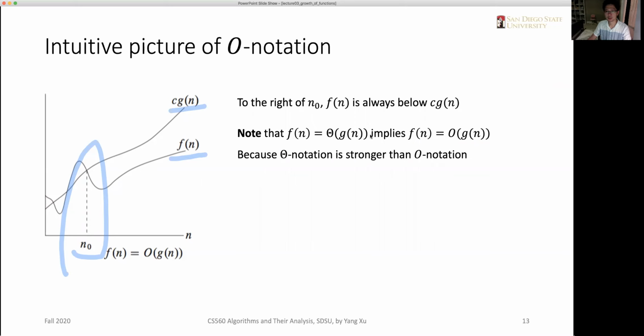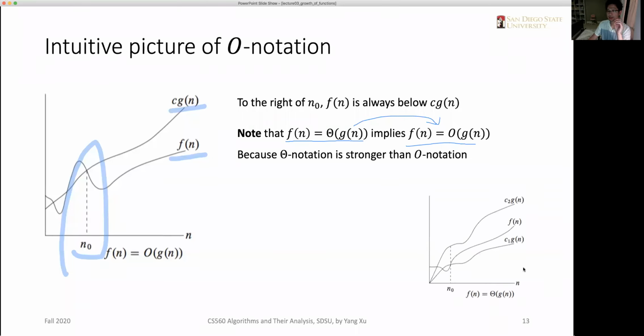We can notice the relationship between big theta and big O notations. In big theta notation, f of n is sandwiched by the upper bound and the lower bound. Then big theta automatically implies that big O also applies, because big theta is a stronger notation than big O, or big theta is a subset of big O. Recall big theta: f of n is between c1 times g of n and c2 times g of n.